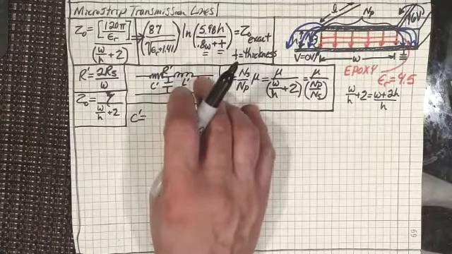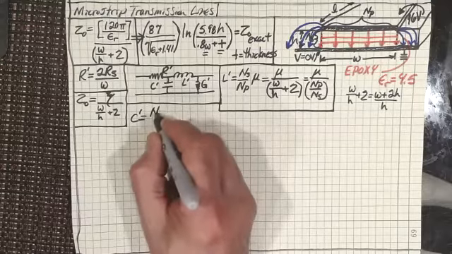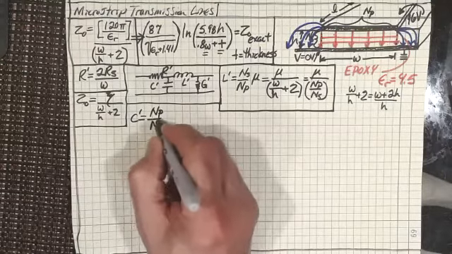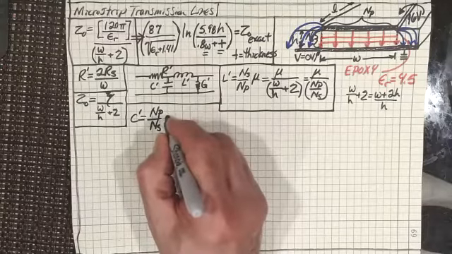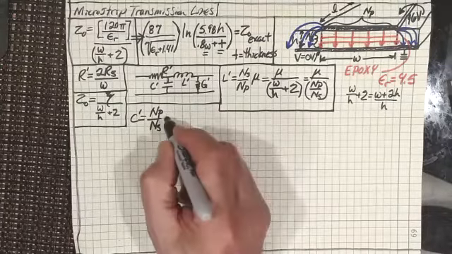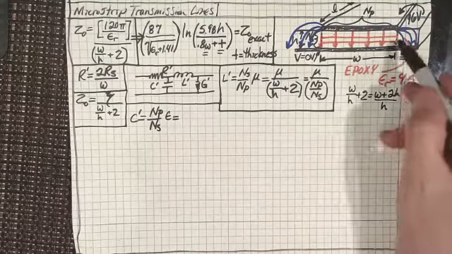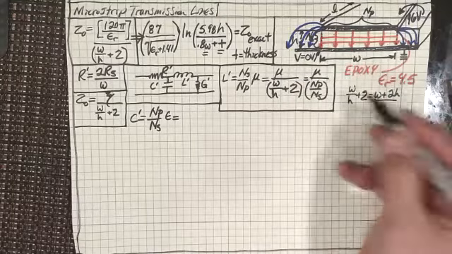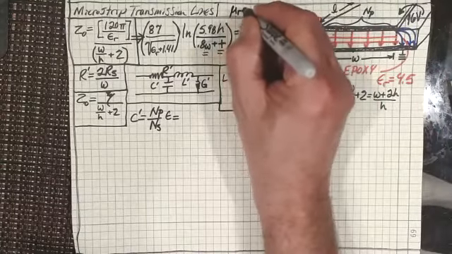So instead of it being n sub s over n sub p, it's n sub p over n sub s, right? Times my permittivity of the dielectric. Now, we should say that everything that we ever look at here, mu sub r equals 1.